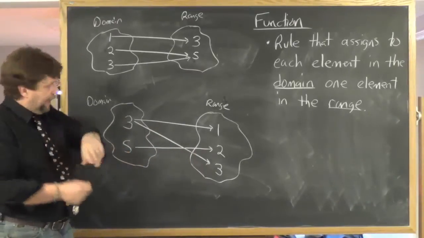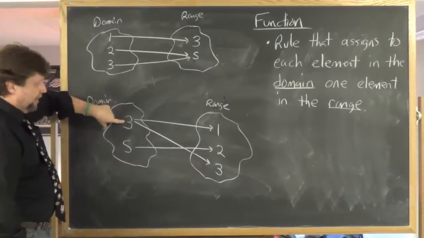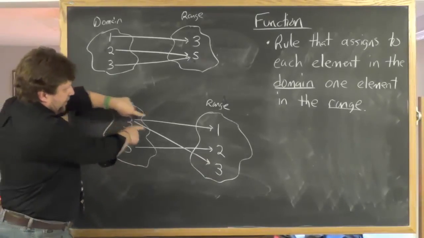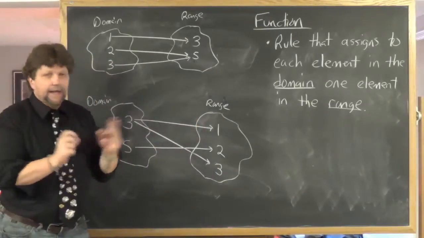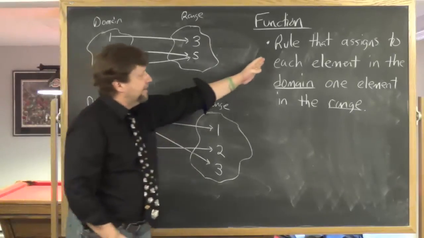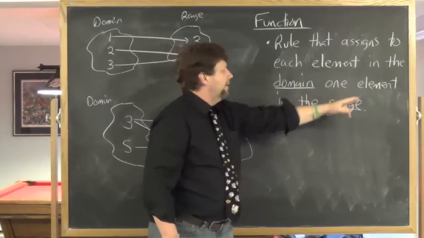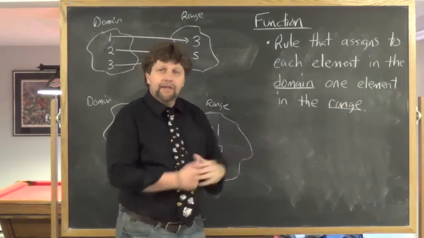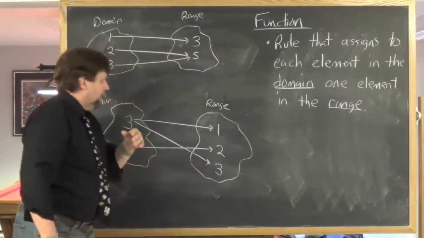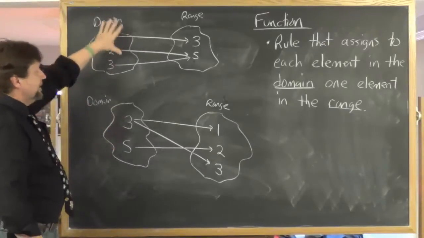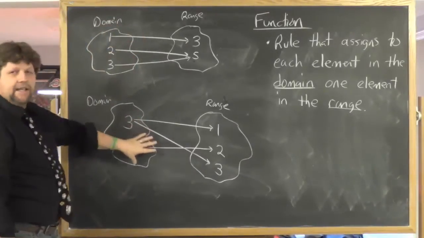It is not okay to have a number in the domain going to 2 different range numbers. That is not okay. It violates this definition, one element in the range. It violates that part of the definition. So this is a function. This is not a function.